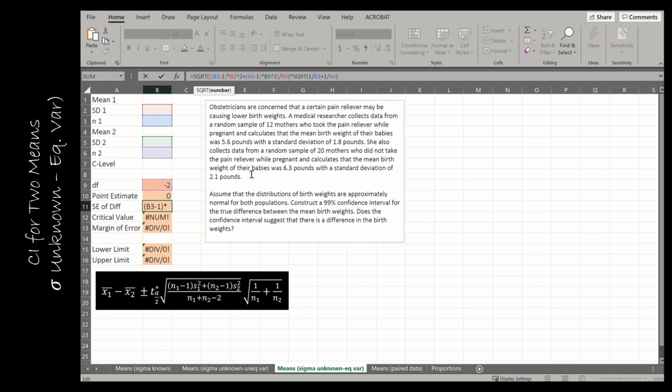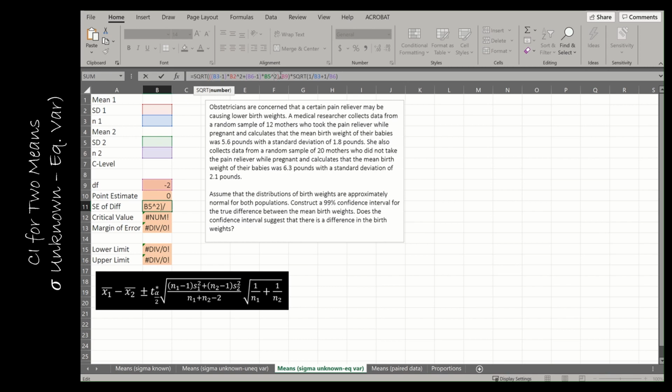I want N1 minus 1, so that's B3, my first sample size minus 1, times the standard deviation squared. And then I'm going to add to that B6 minus 1, so the second sample size minus 1 times B5 squared. But now keep in mind, I want all of that to be the numerator, so that's why I've used the red parentheses, so that Excel knows that that's the end of the numerator.